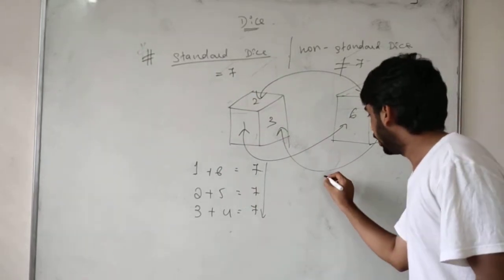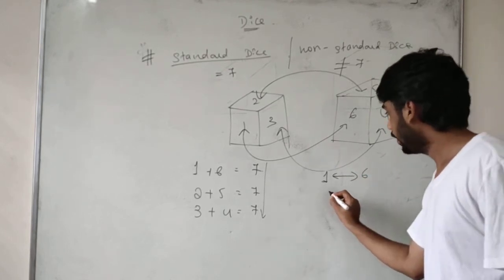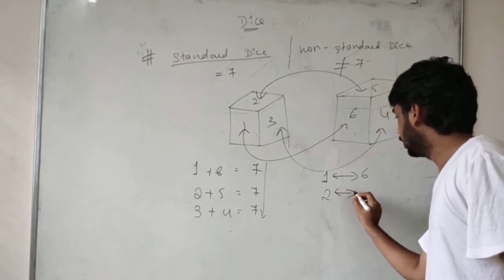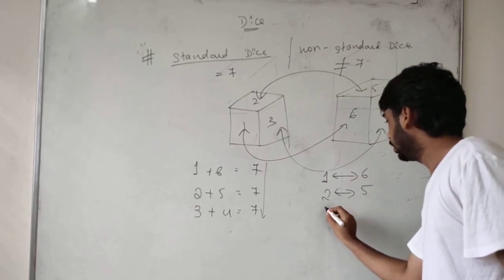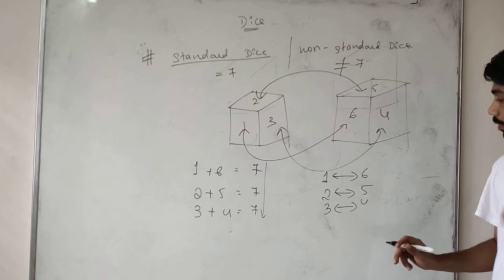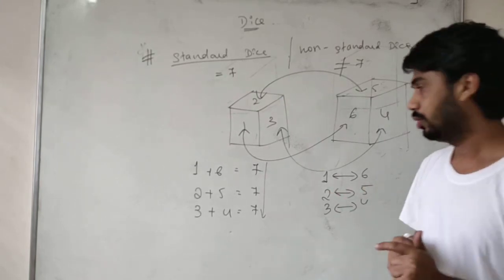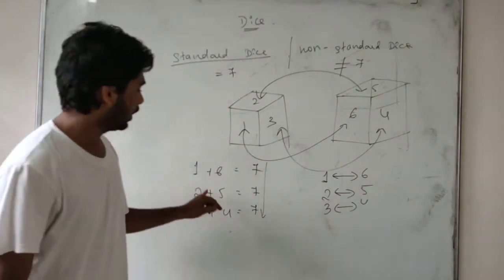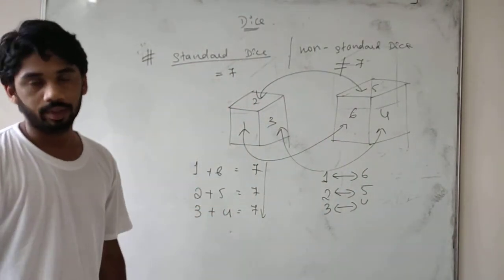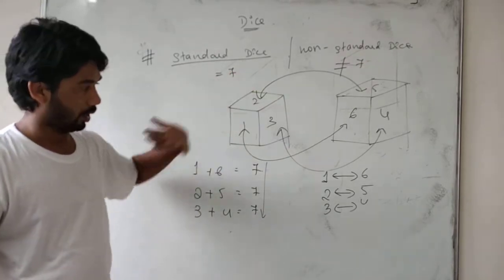If we take 1, opposite is 6. 2 opposite is 5. 3 opposite is 4. So in this way you have to solve it. Okay students, this is a standard dash question.